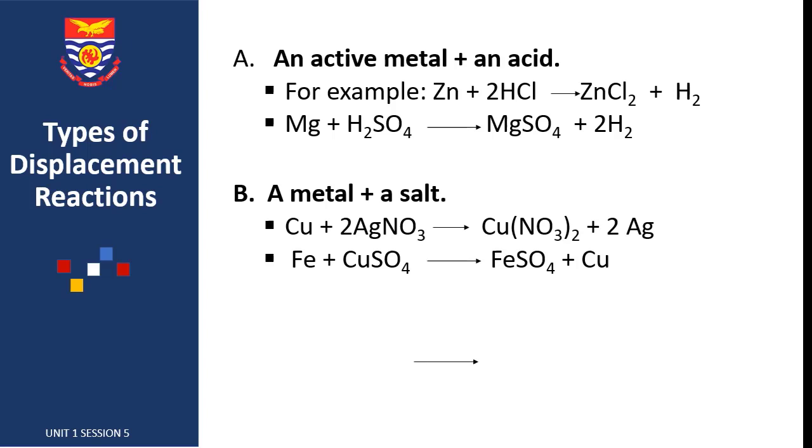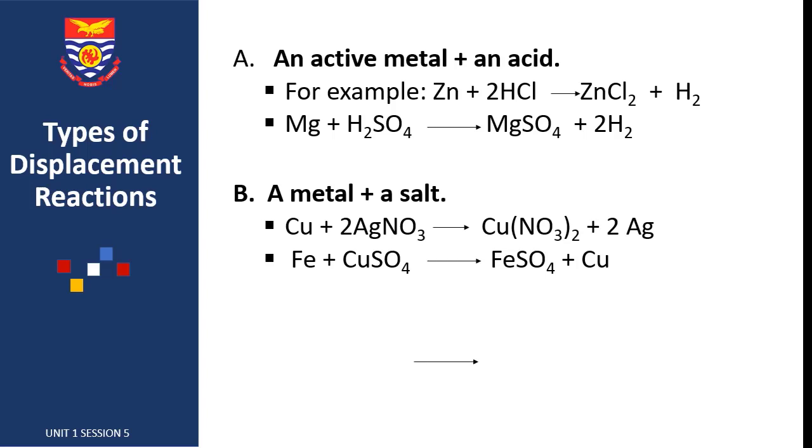This is also a displacement reaction. Let's look at it carefully. Silver has left for copper to take the place. So at the right side, at the product side, we have silver standing alone and its place taken by copper. Another is iron metal reacting with copper sulfate, which is a salt.